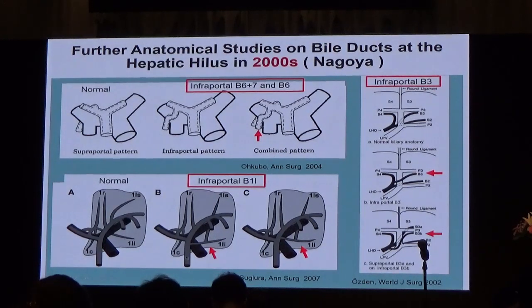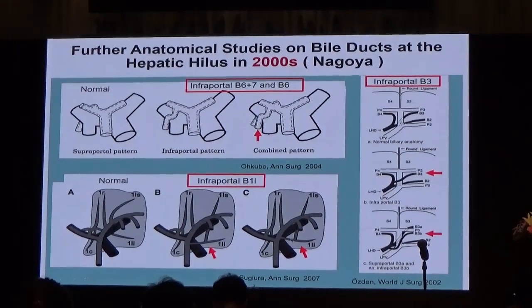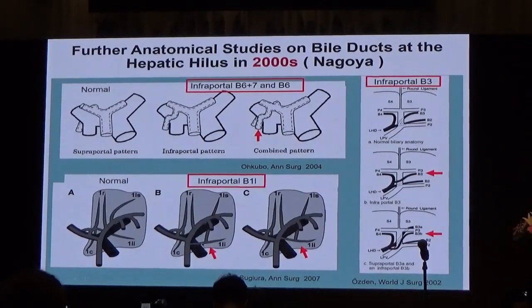And this is a more strange and very rare anomaly of the infraportal left caudate lobe branch B1L, which runs laterally and ventrally to the umbilical portion of the portal vein, and runs here and joins the left hepatic duct or the common hepatic duct in front of the portal vein.